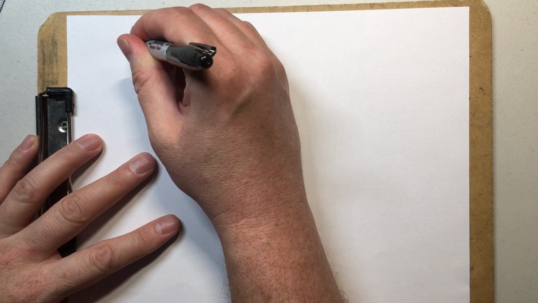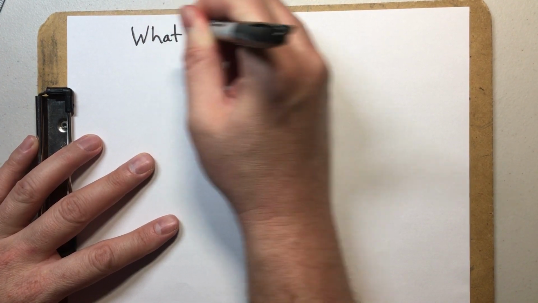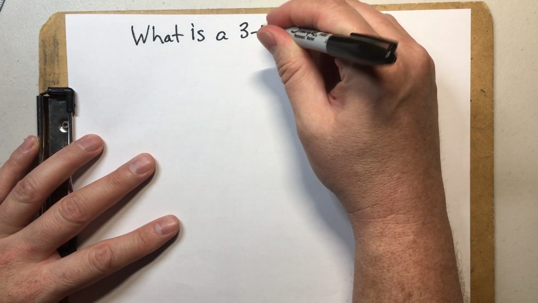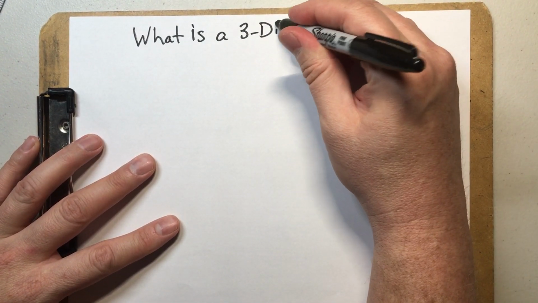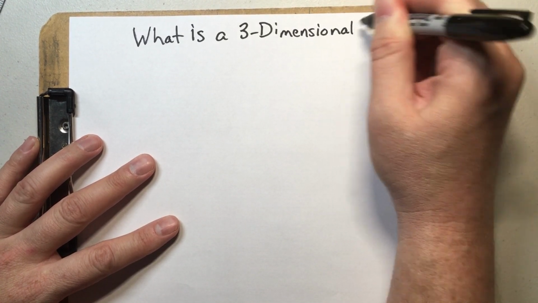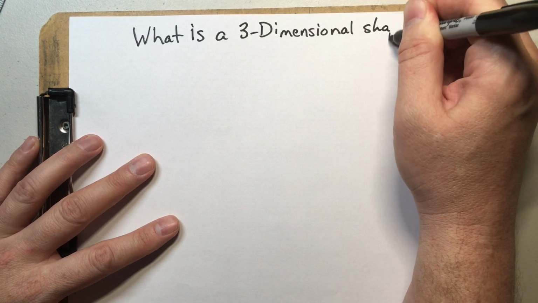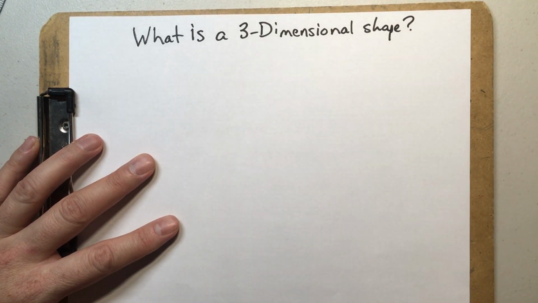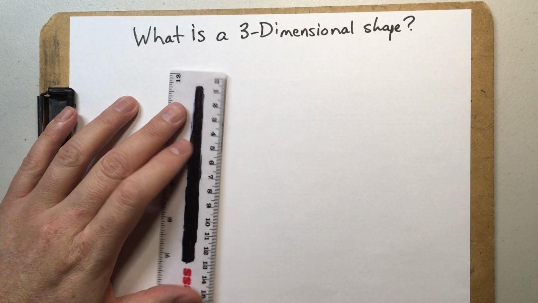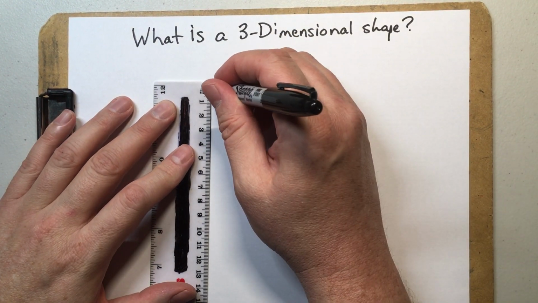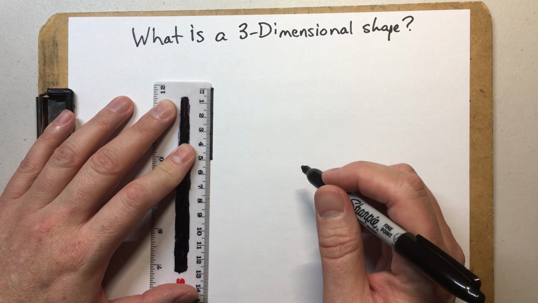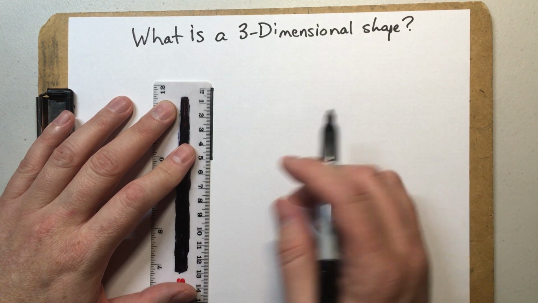So let's take a look at what is a 3D shape, or a three-dimensional shape. I'm going to do the same thing. We're going to go 5 centimeters down. So I got my height.